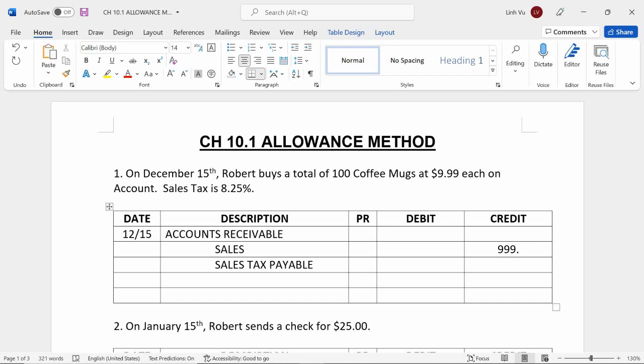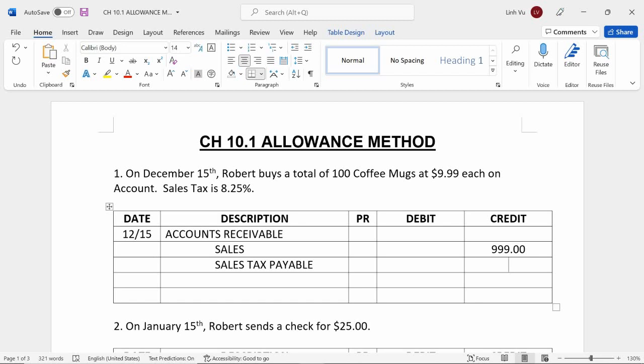How much is tax? The tax, 8.25%, is going to be 999 times 8.25.